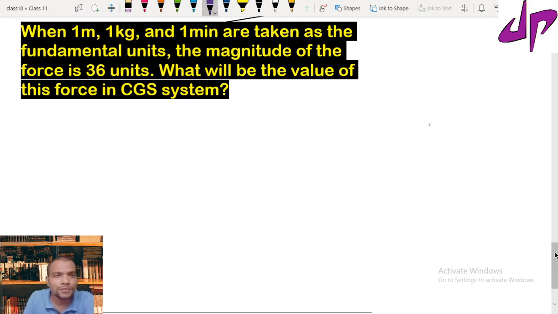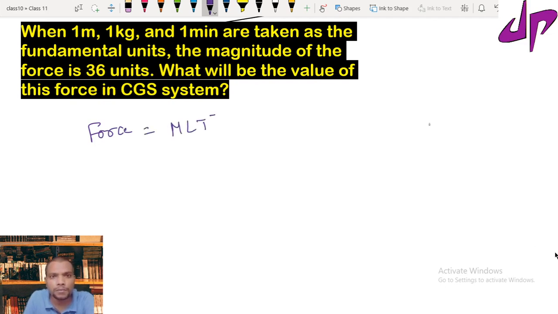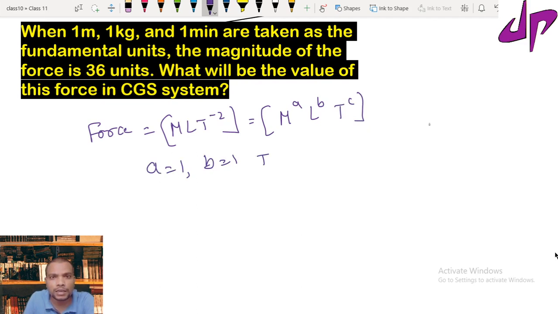So here the physical quantity given to us is force, and for force we know the dimensional formula is M L T power minus 2. If you compare with the standard dimensional formula M power a, L power b and T power c, here a equal to 1, b equal to 1 and c equal to minus 2. So first we need these quantities.